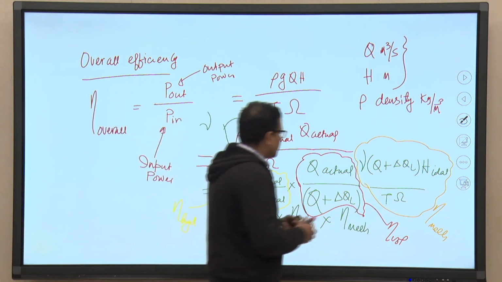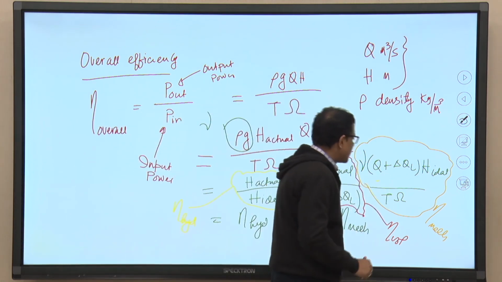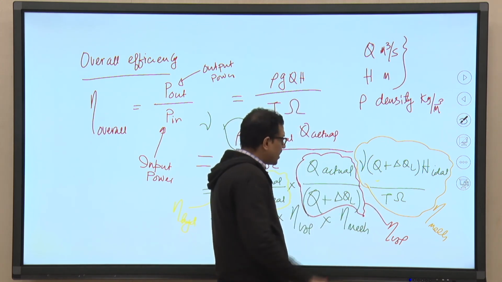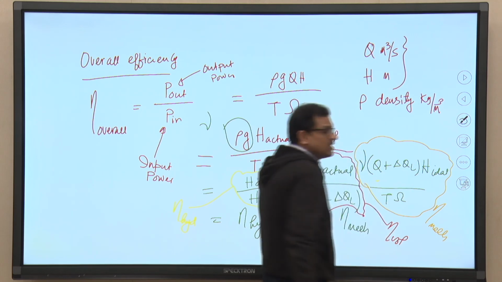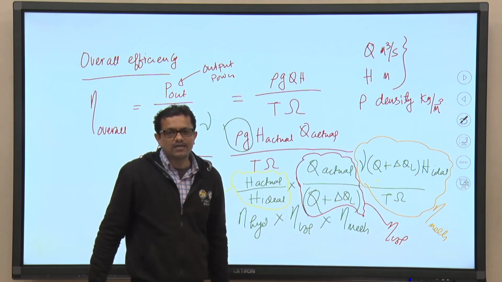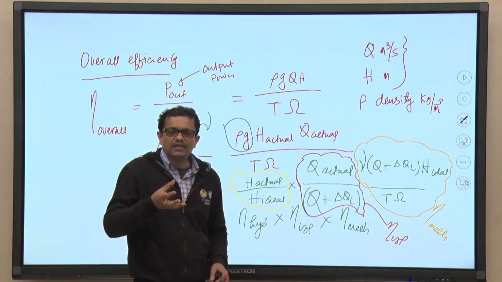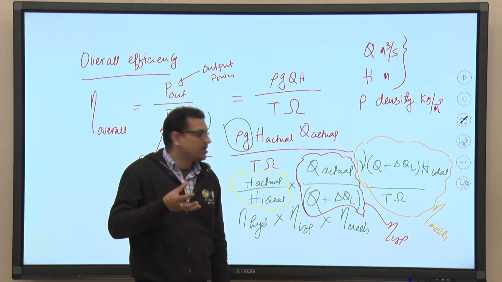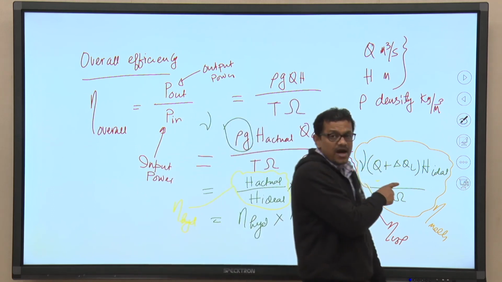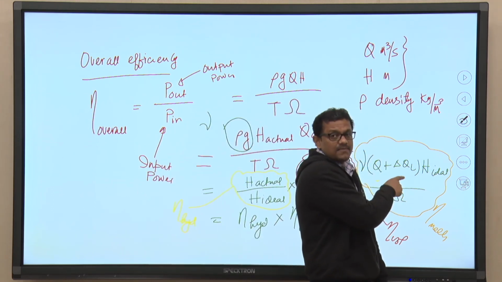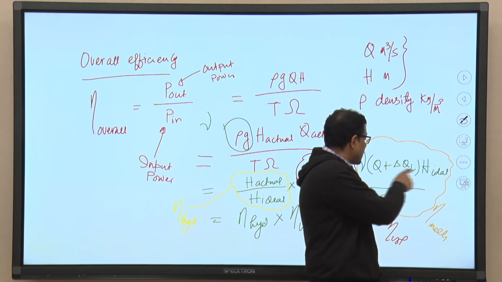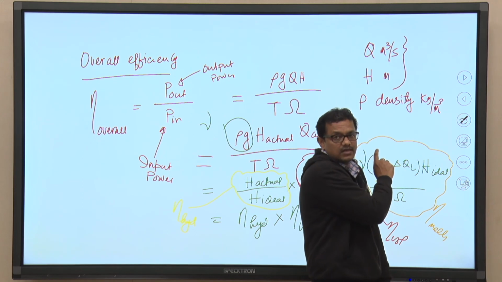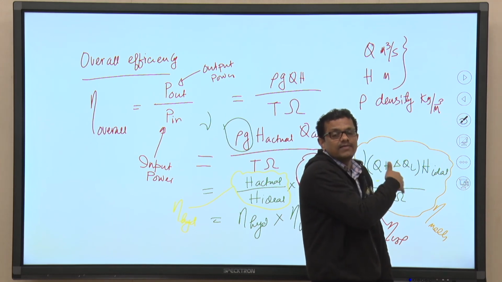Mind it, this quantity is the mechanical efficiency. This is the input power to the shaft, while this is the power available at the impeller. At the eye of the impeller this much flow rate is available, so this is the power. Pumps should ideally be able to supply this much discharge against this much head, so that is the power available at the impeller.